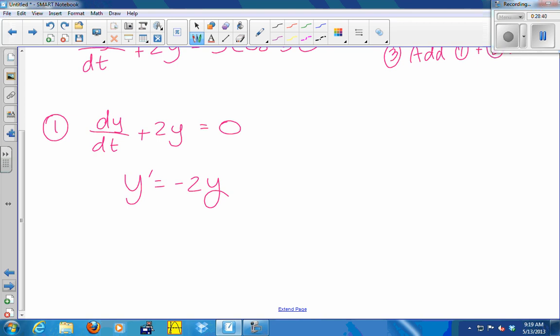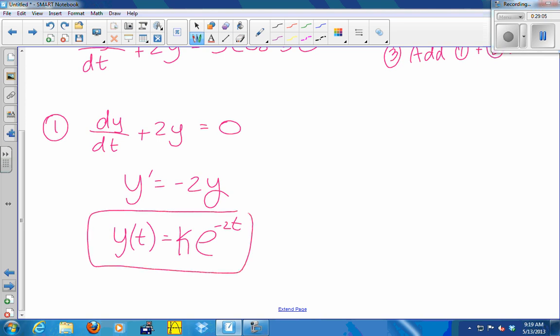We saw at the beginning of the course, we solved lots and lots of equations like this, and it always comes out to y of t is some constant times e to the -2t. If you left that as dy/dt, we would just move the dy over and divide both sides by y. So you've got the associated homogeneous equation solved. Half of the problem's done.